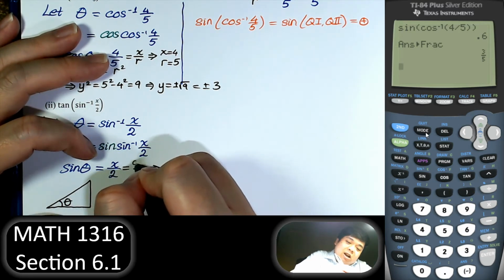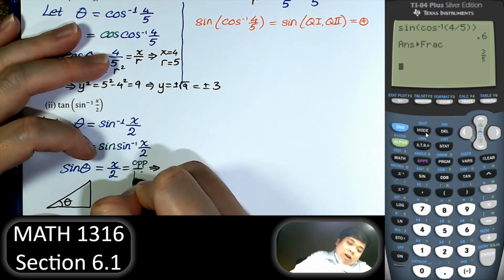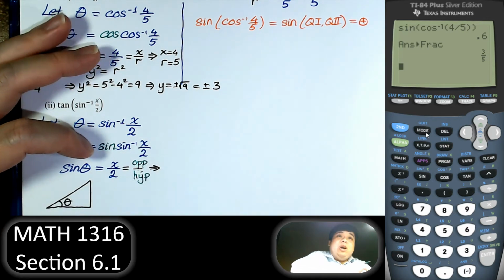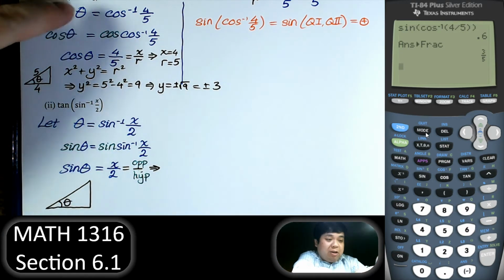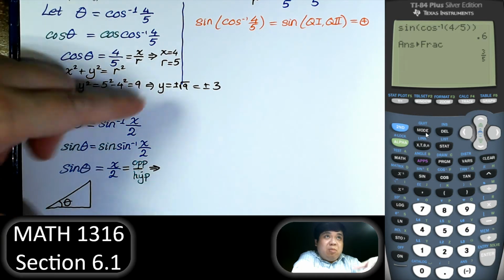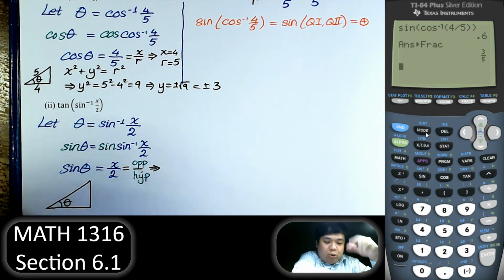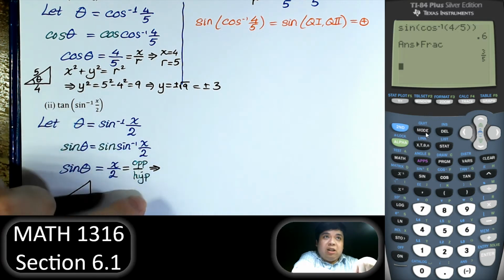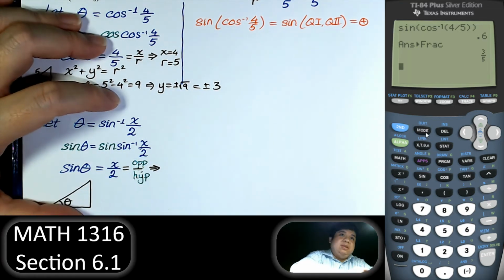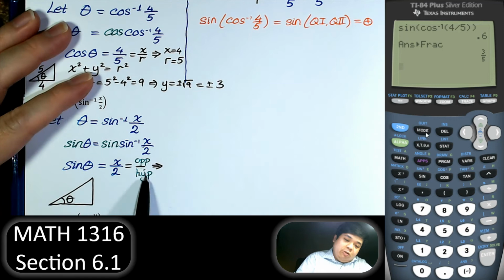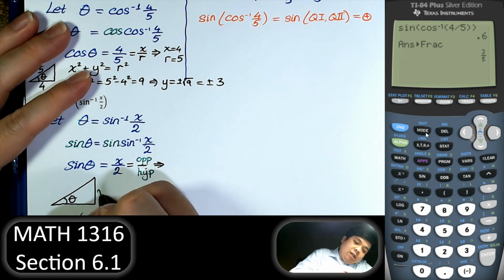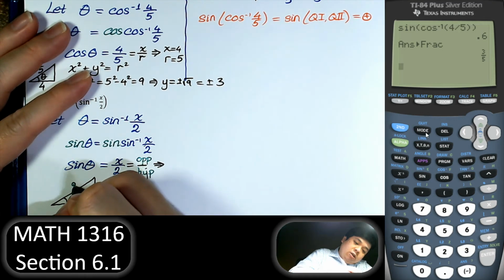Sine is opposite over the hypotenuse. If it is not x, y, and r, and if it is just numbers, it doesn't matter. x, y, and r work just fine. But if there's an x in it, it's better to use the opposite, hypotenuse, and adjacent. So sine is opposite over hypotenuse.